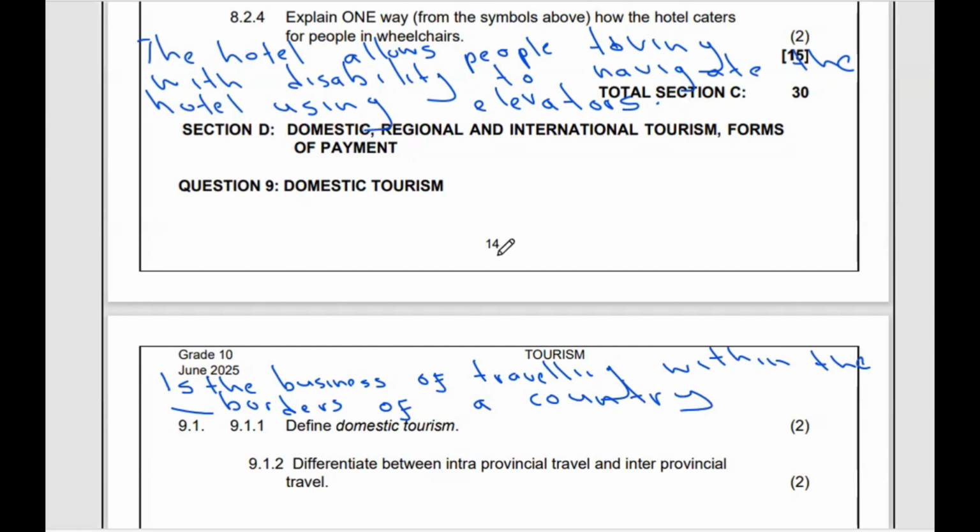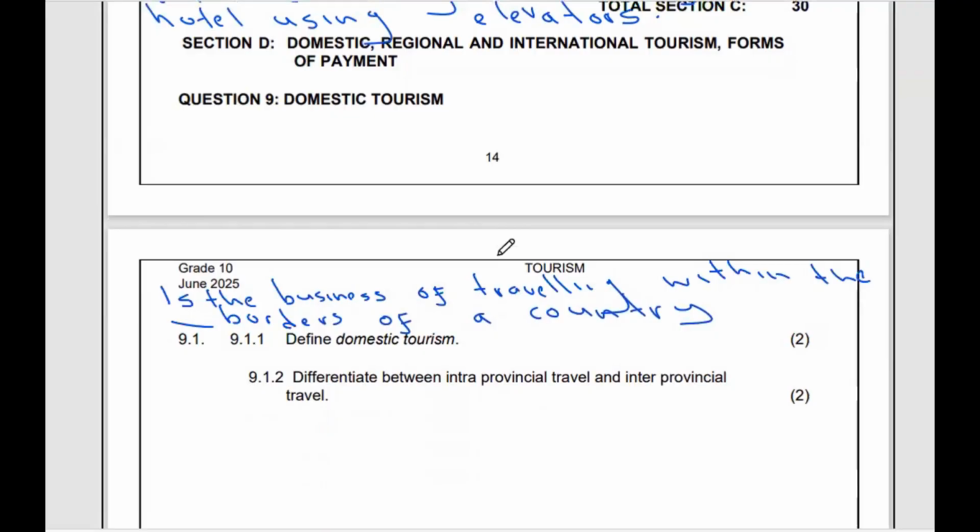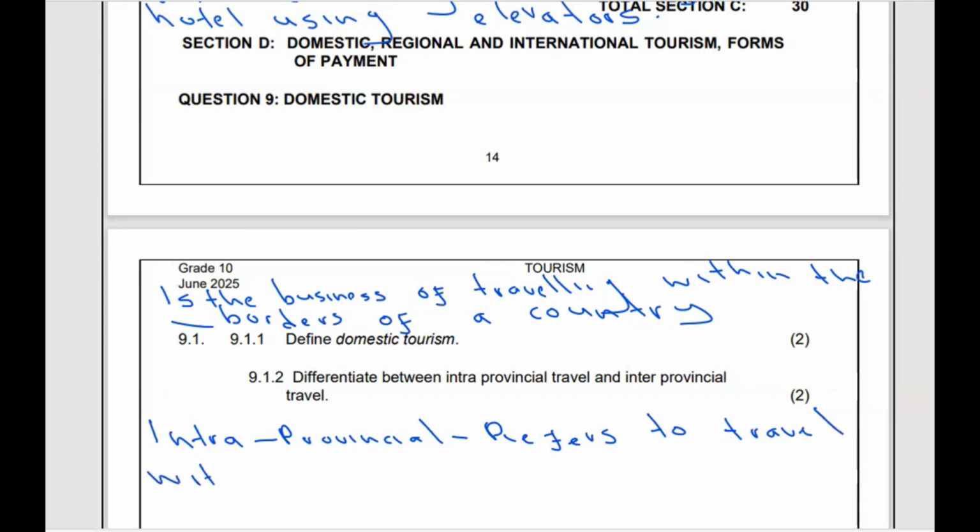Then 9.1.2, differentiate between intra-provincial travel and interprovincial travel. So when we look at intra-provincial, it refers to travel within the same province.